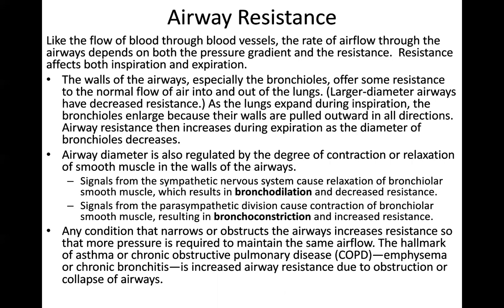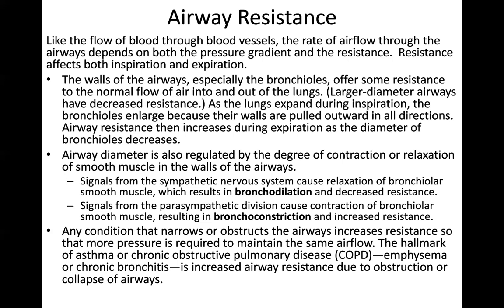So we talked about vasoconstriction, vasodilation, and how those can affect resistance. Now we have bronchoconstriction and bronchodilation. Okay. Bronchoconstriction, bronchodilation is essentially the same thing, except now we're not pinching or opening up blood vessels. It's airways. Okay. Bronchodilation decreases resistance because our airways are more open.